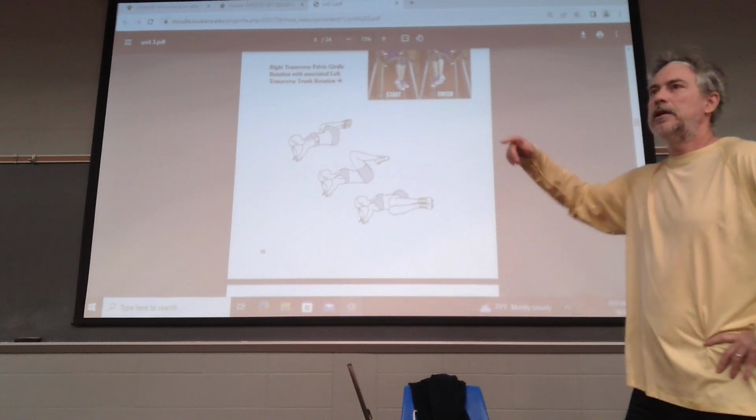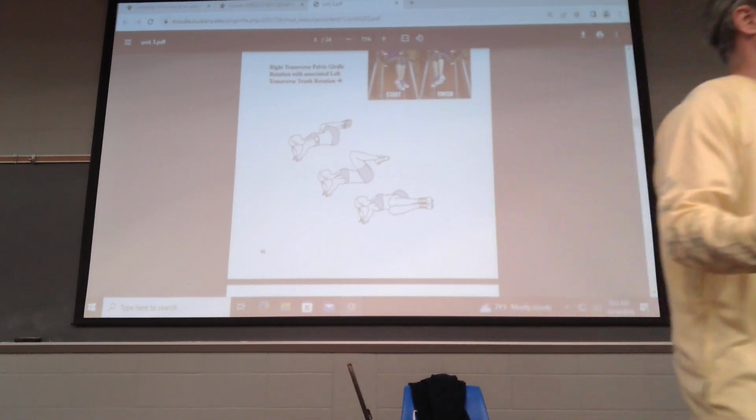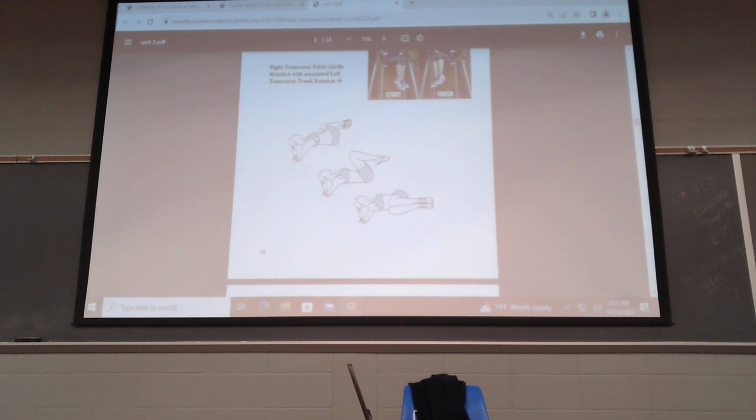So, let's try to use layman's terms. How, first of all, is her trunk twisted? Is it rotated at the top level? Awesome. That's great. Now, twisted to her right, or is it twisted to her left? Her right, that's correct. Her sternum is looking at her right hip. And the only way that can happen is if you twist it to the right so that you can see the right hip.